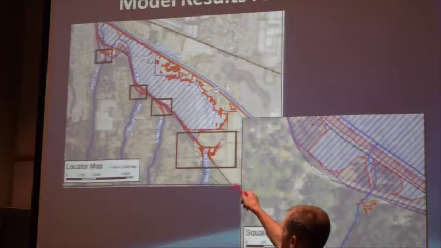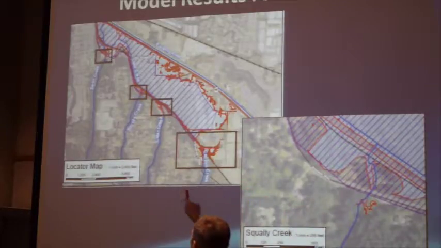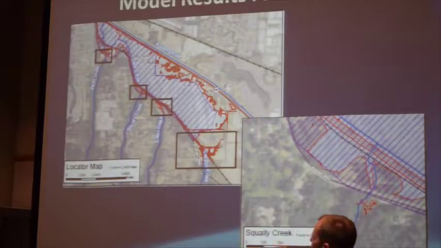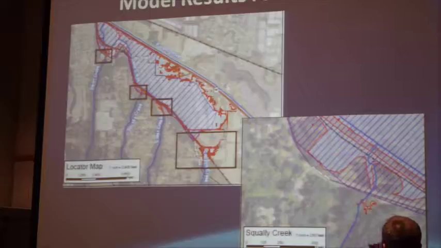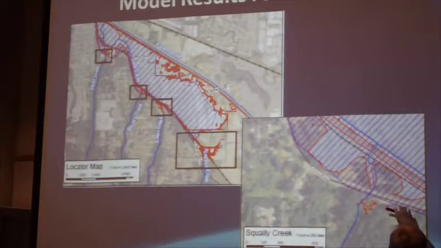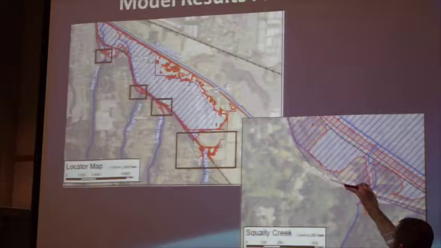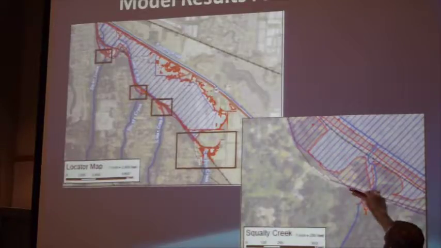This schematic, this locator map, is showing where these four tributaries come down and intersect. In the report, there was a closer look at what that actually looks like. So this is Squally Creek coming down, and I think this is the feasibility extent of where the levee would be.